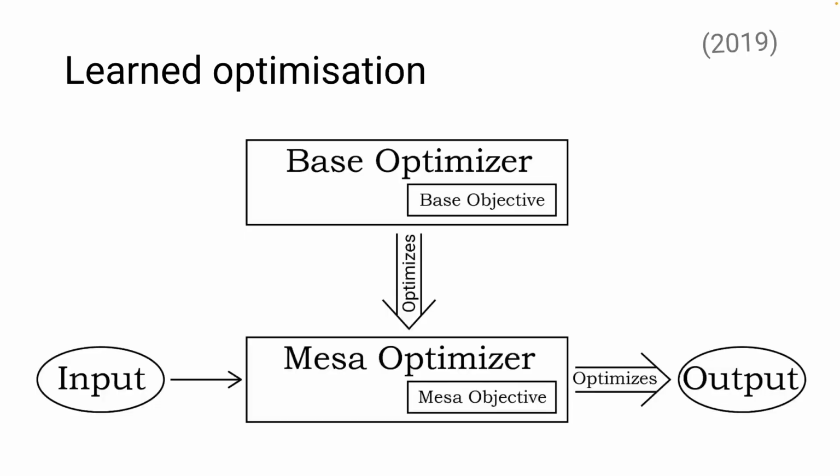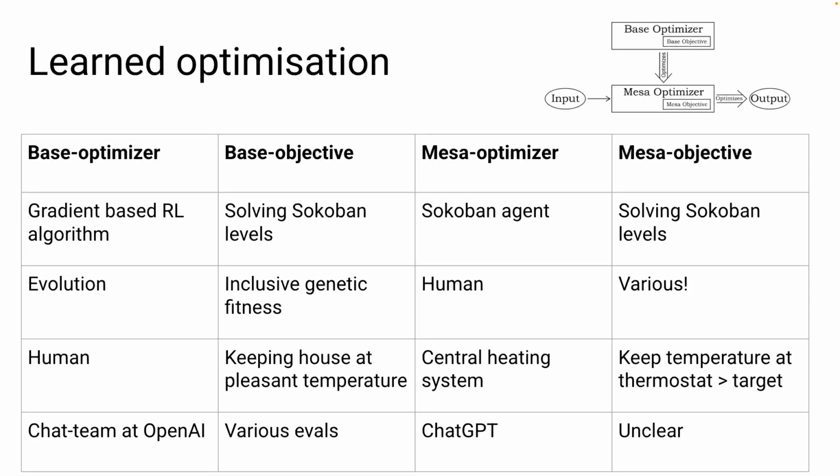The mesa optimizer is this Sokoban agent, and it's using some sort of planning-based algorithm to work out how it can most effectively put the blocks onto the targets. And the base optimizer is updating the weights of the network such that the mesa optimizer performs as well as possible.